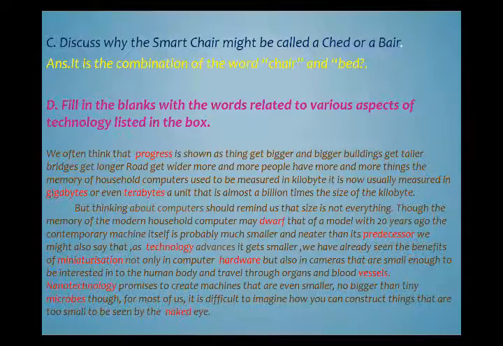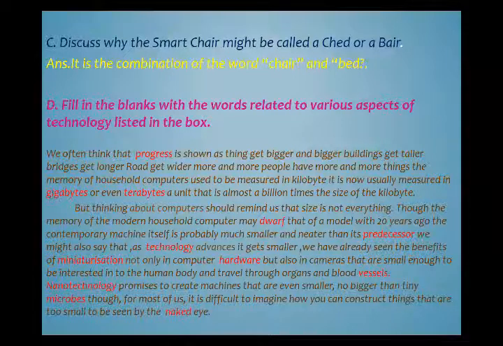Thinking about computers should remind us that size is not everything. Though the memory of the modern household computer may dwarf that of a model from 20 years ago, the contemporary machine itself is probably much smaller and neater than its predecessor.